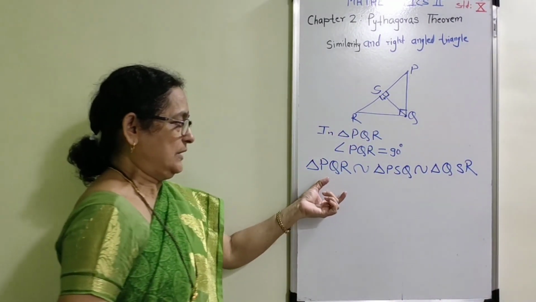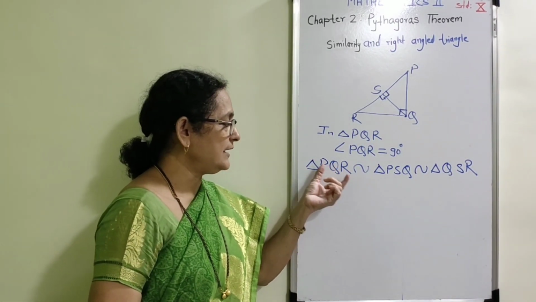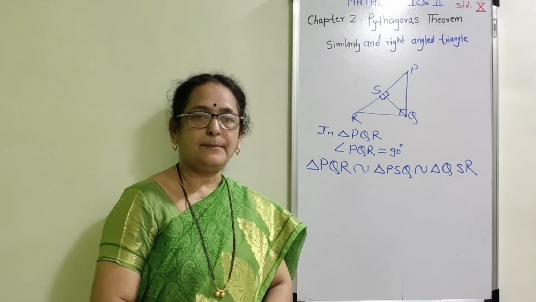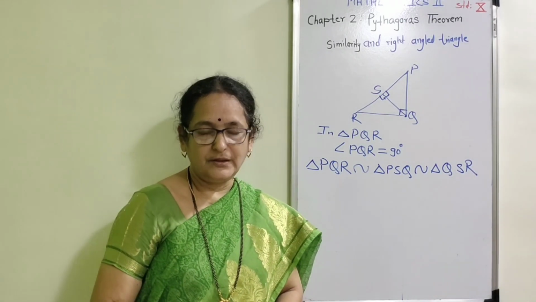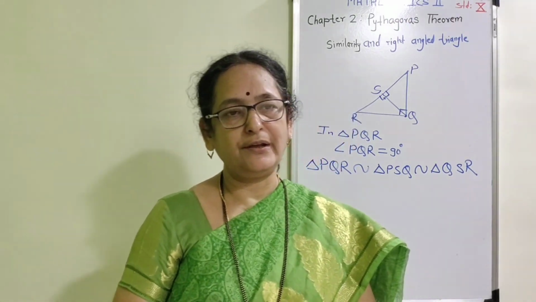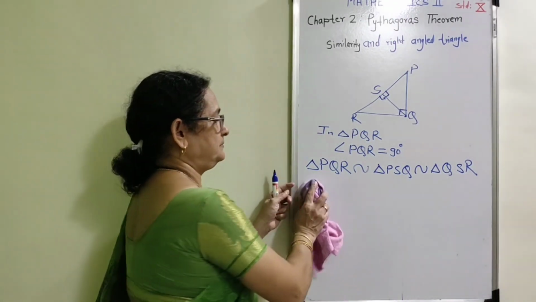If you are able to write this one-to-one correspondence, then it will be very easy to determine also the proof of Pythagoras theorem. Now, again, we are going to learn an important theorem which is said to be the theorem of geometric mean.